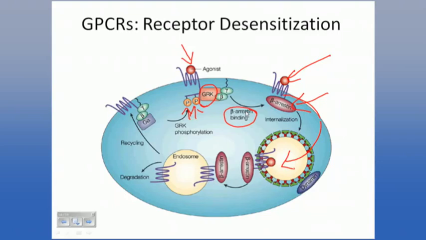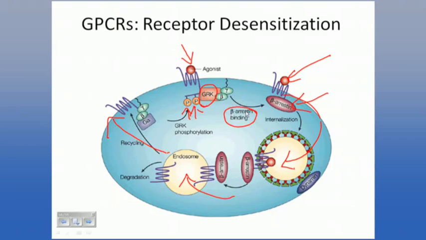Now, after you get internalization of the receptor, you get the possibility that the receptor is completely metabolized or degraded, or you get the potential that the receptor can be recirculated through the endosome, and this recycling will result in redelivery of the receptor back to the surface of the cell.